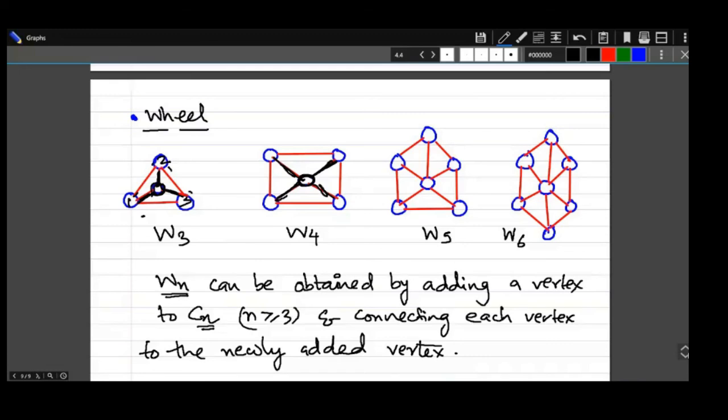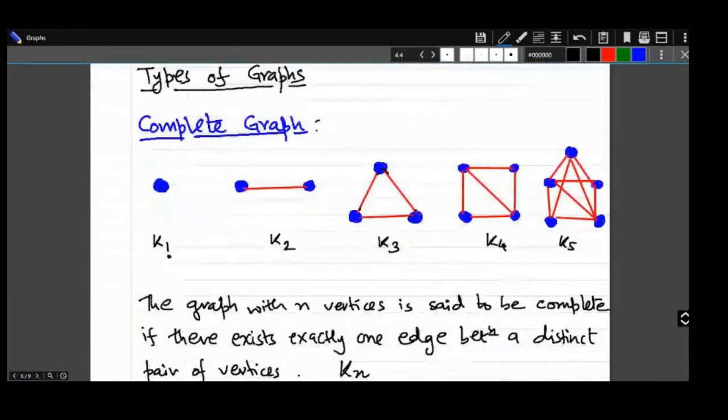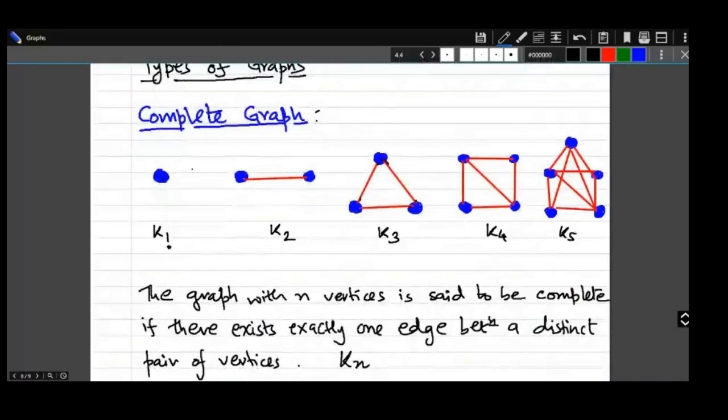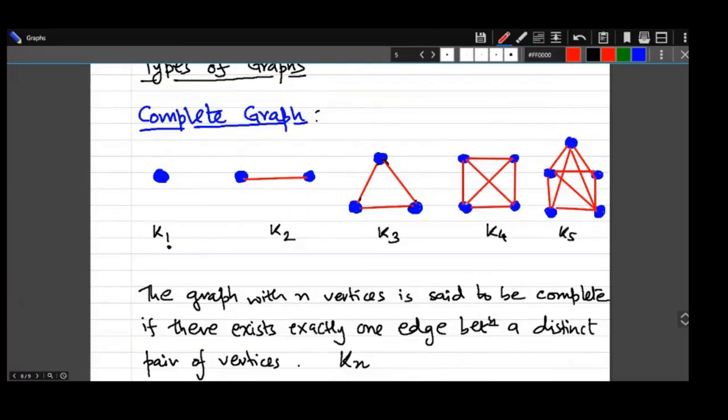Okay, good. I'll just quickly revise. This is complete graph where you have n number of vertices. Oh sorry, I don't know why this particular edge has got deleted. Okay, good. So each and every vertex is connected with each other.